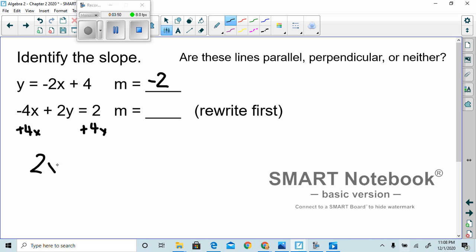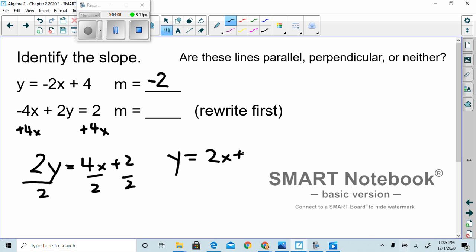That gives me 2y is equal to 4x plus 2, and then divide all terms. The final equation here will be y is equal to 2x plus 1. So I see my slope is 2, and I'm going to say that these are neither. There's no relationship there at all.